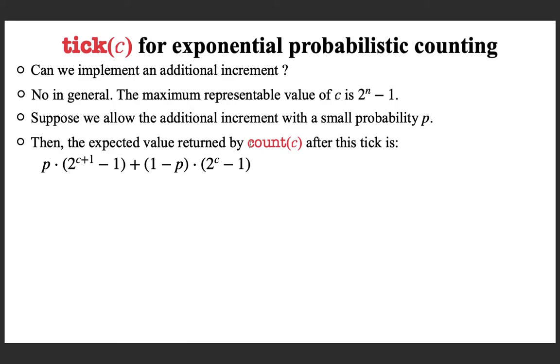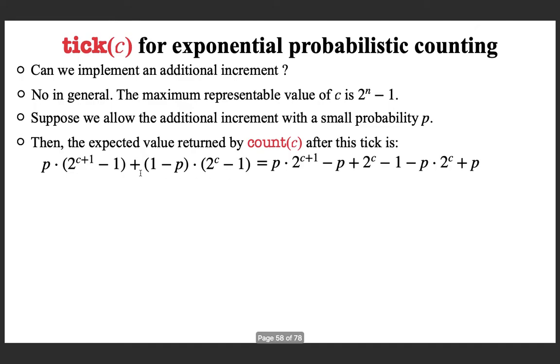So this is what you are returning. This is the expected value of the count when you allow that additional increment with a probability P. That is the probability P into what you are returning when you do the additional increment, plus 1 minus P into what you return when you don't do the additional increment.